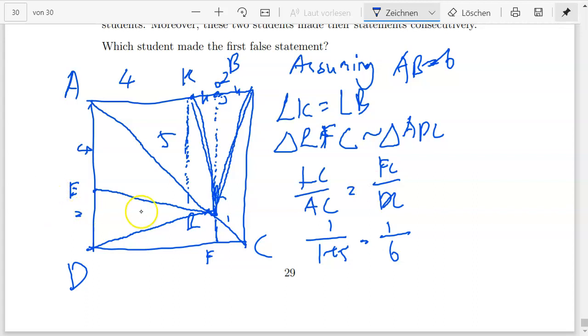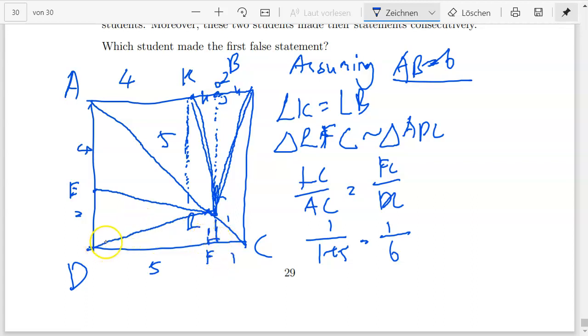Since the whole of CD is 6, because we add 4 plus 2, FC will have a length of 1, which means the remaining FD is 5. Because these two are of the same length, this one will also be 1, and this one is a perpendicular one.